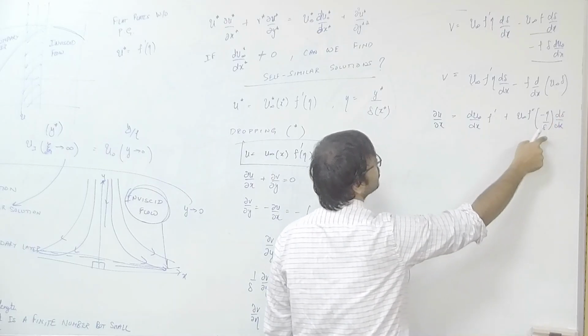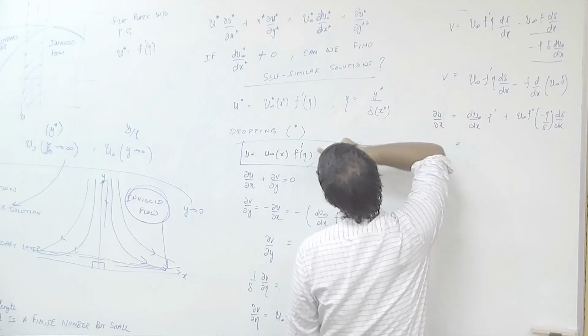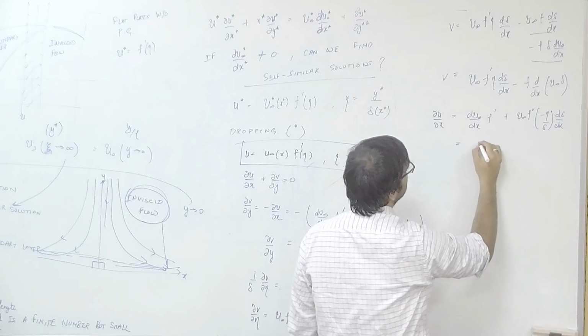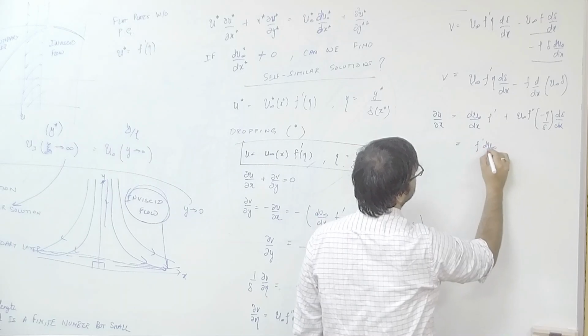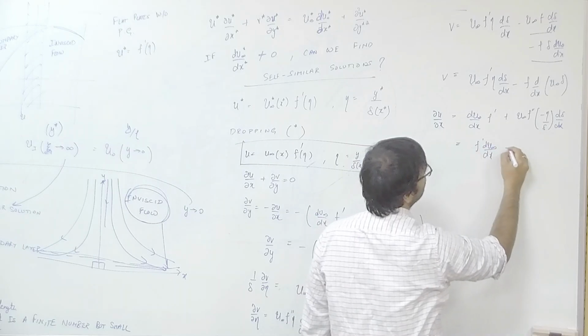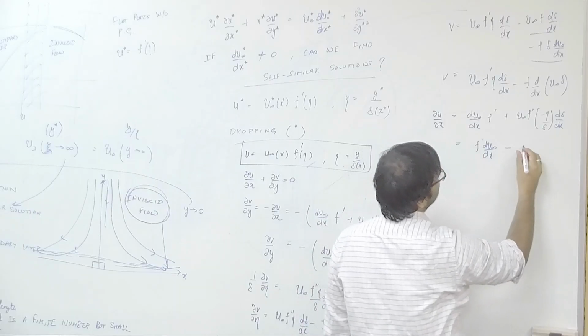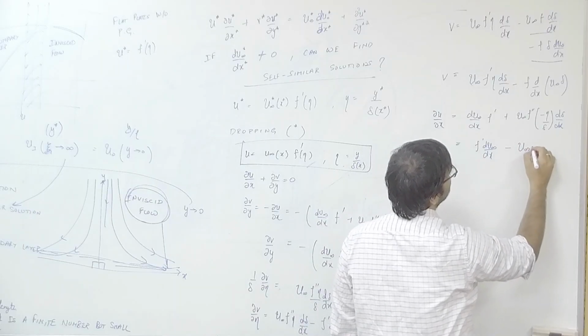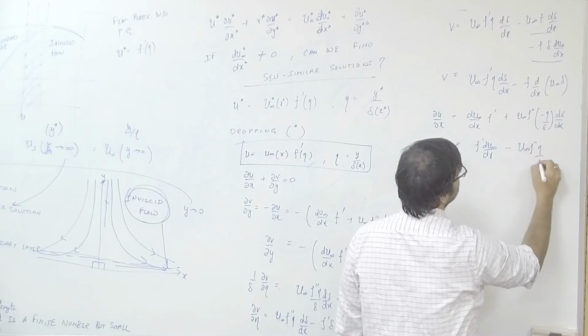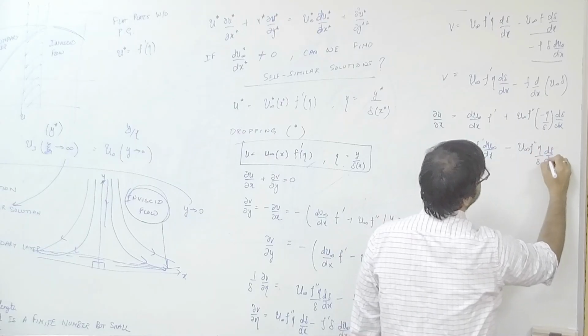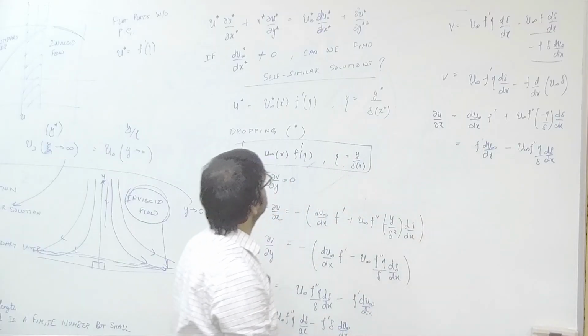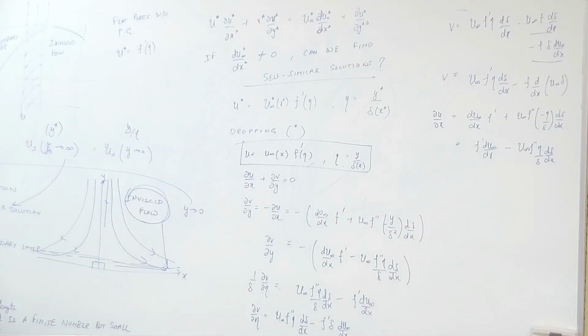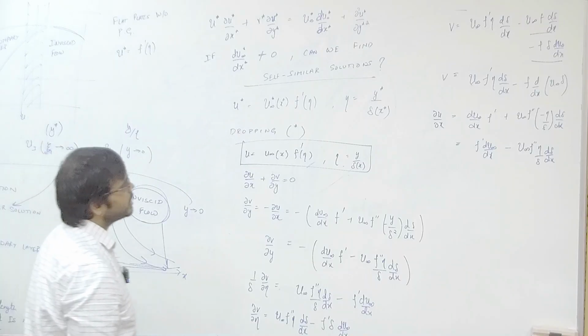Okay, convince yourself that this is what we get. Just do the differentiation, and maybe if my algebra is wrong, please point it out. This is del u by del x.